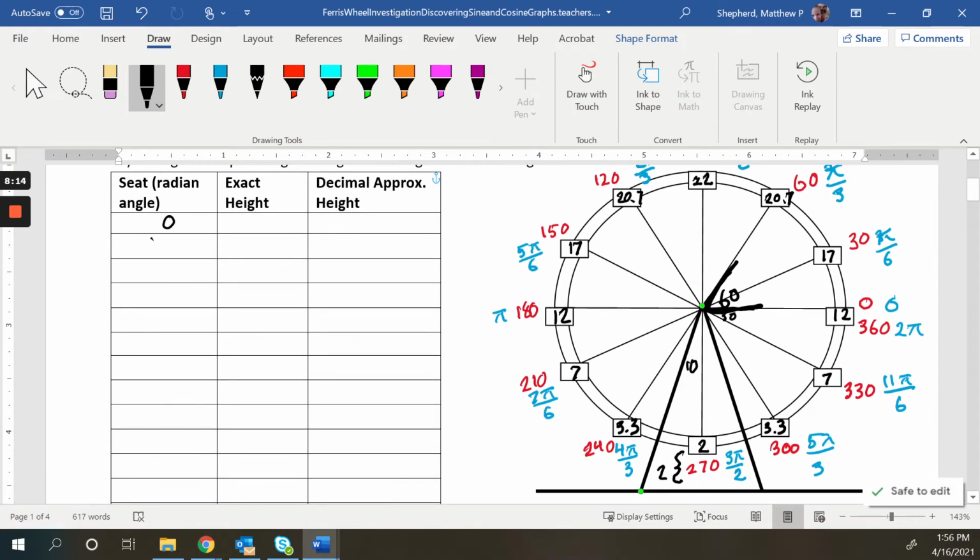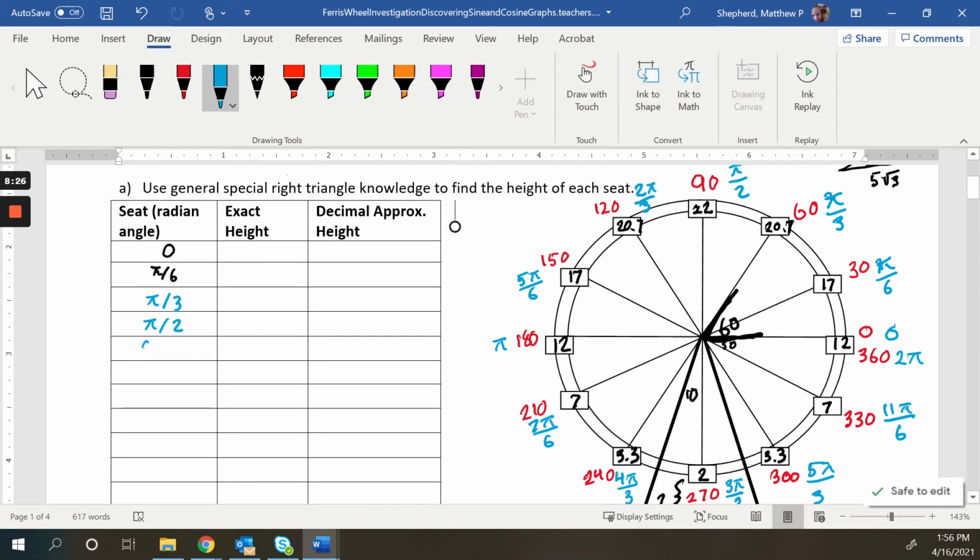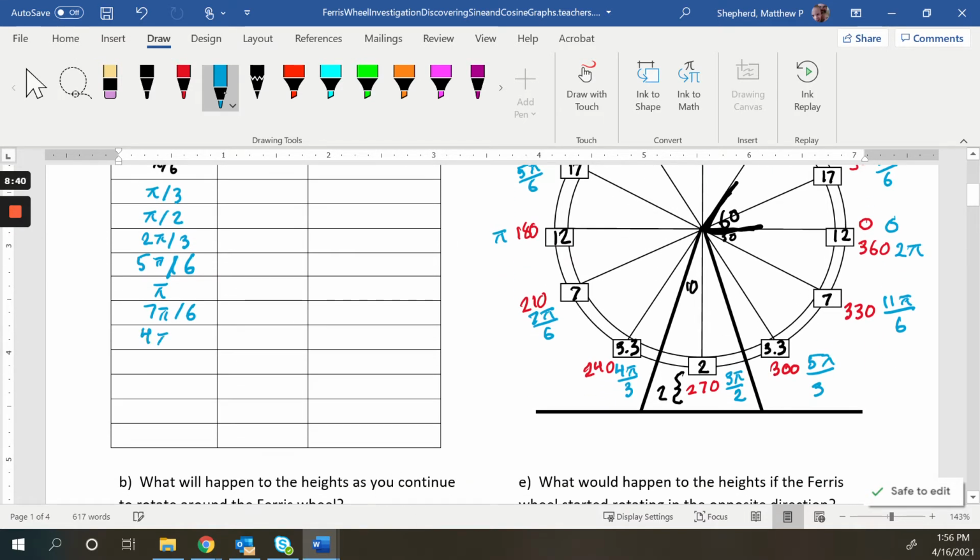So 0, pi divided by 6, pi thirds, pi half, 2 pi thirds, 5 pi sixth, pi, 7 pi sixth, 4 pi thirds, 3 pi halves, 5 pi thirds, 11 pi sixth, finally 2 pi.